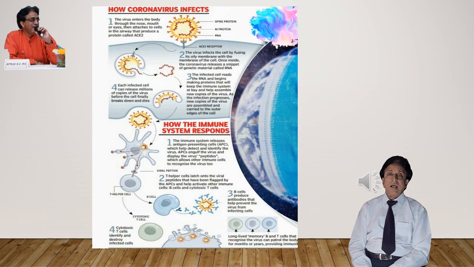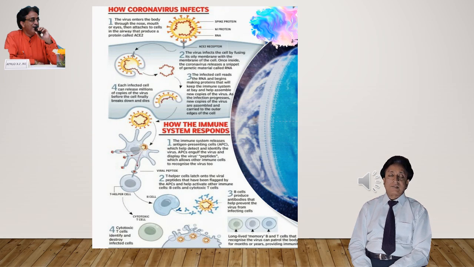Before we go into the details of vaccine, it is important to know how the coronavirus infects the human cells and how the human cells protect themselves by mounting an immunological response. This yellow virus, you can see, has multiple spikes, and these spikes are called spike proteins. Inside the virus is the nucleic acid, which is the RNA.